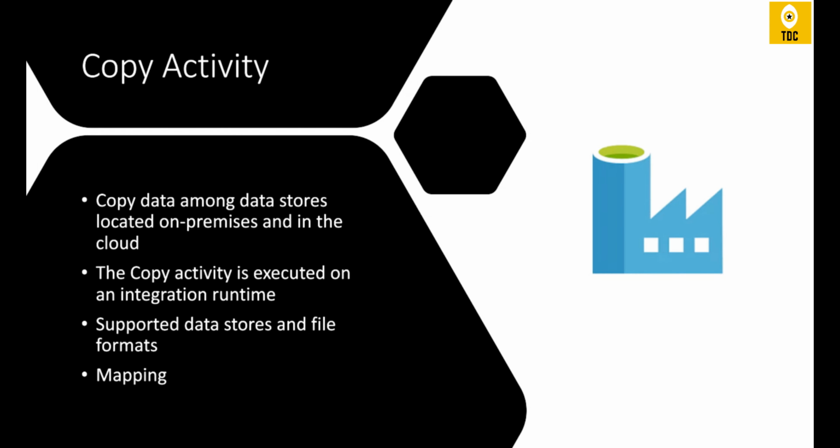For example, if you have a source or target which is on-premise, and you want to read or write data to a particular on-premise location, there will be no default integration runtime. That means you have to create your own integration runtime, and it will run on the particular machine where you want to pull or push the data.